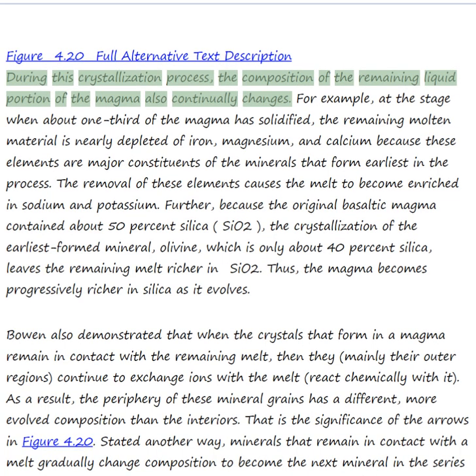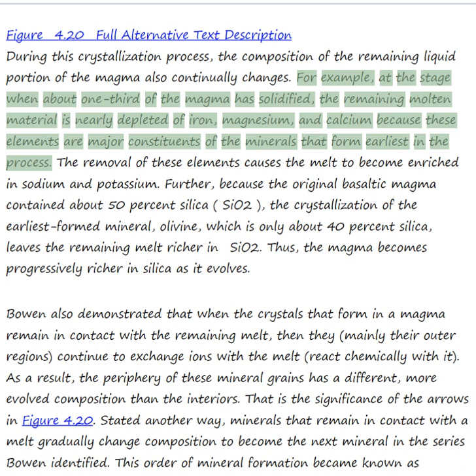During this crystallization process, the composition of the remaining liquid portion of the magma also continually changes. For example, at the stage when about 1/3 of the magma has solidified, the remaining molten material is nearly depleted of iron, magnesium, and calcium because these elements are major constituents of the minerals that form earliest in the process.